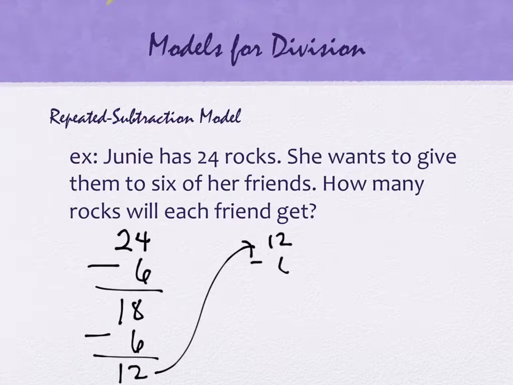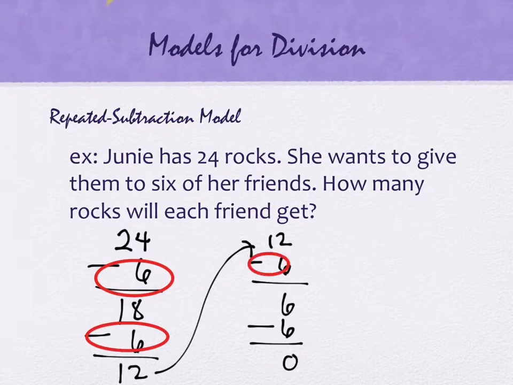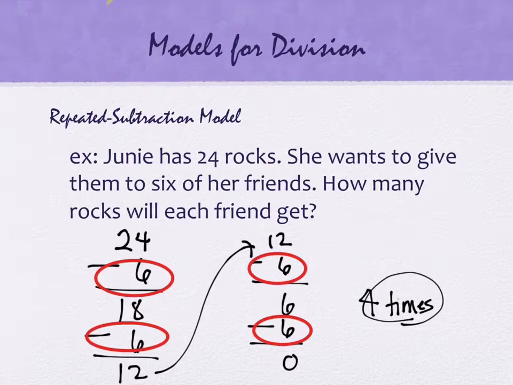And then what is 12 minus 6? 6. And then what is 6 minus 6? 0. And then the answer is simply how many times did I do this? How many times did I go down the line? How many times did I subtract 6? And the answer is 4, right? It's 4. 4 times, 4 rocks, I guess, in our context. I get 4 rocks.